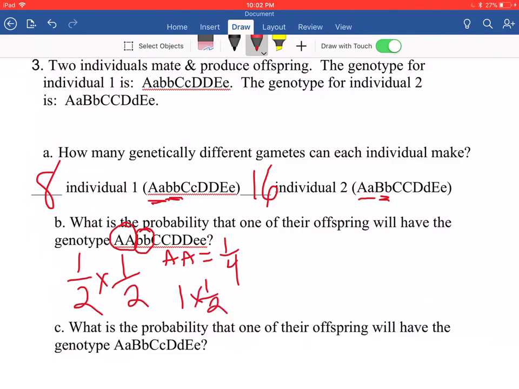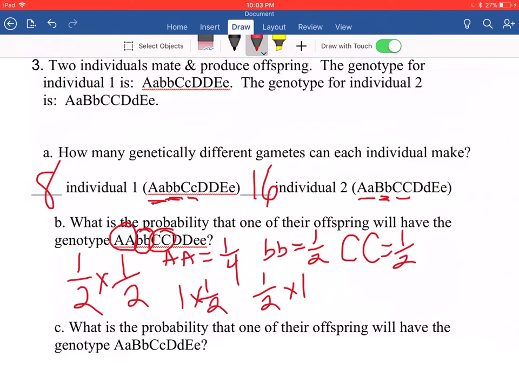And so the probability of little b is going to be 1/2. Now for C's, we're interested in the probability of the offspring having big C. That is going to be 1/2 from individual 1 and 1 from individual 2. So the probability of big C is going to be a half.